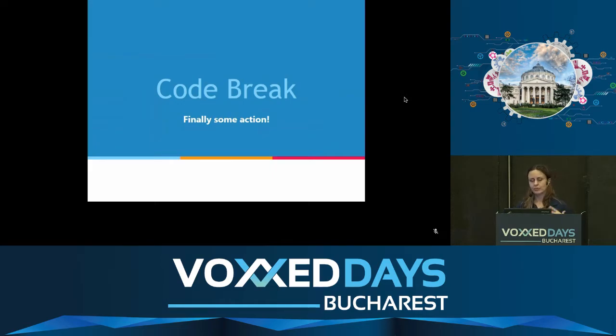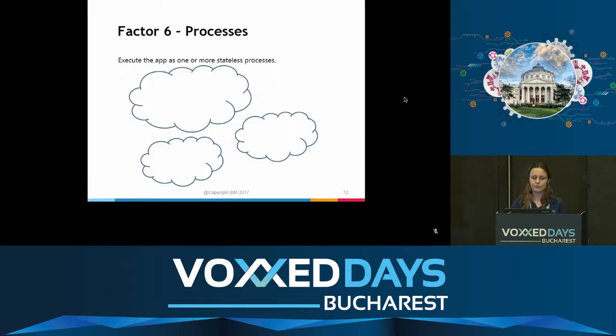So what about the processes for a cloud application? Your cloud application should be executed as one or more stateless processes. What this means is that you should never rely on the cache of that application to store something.